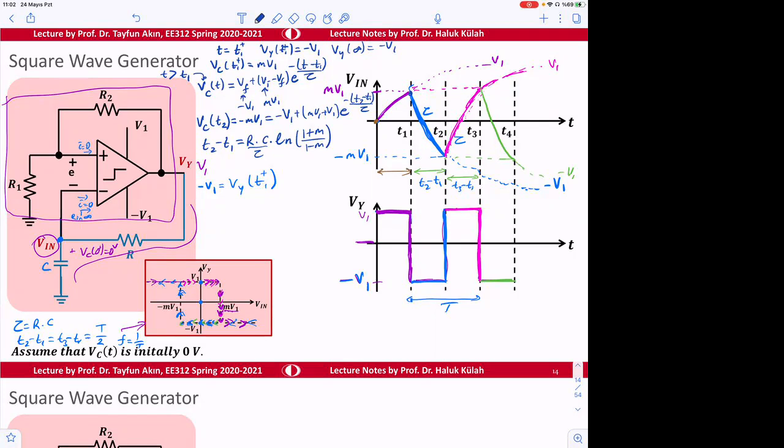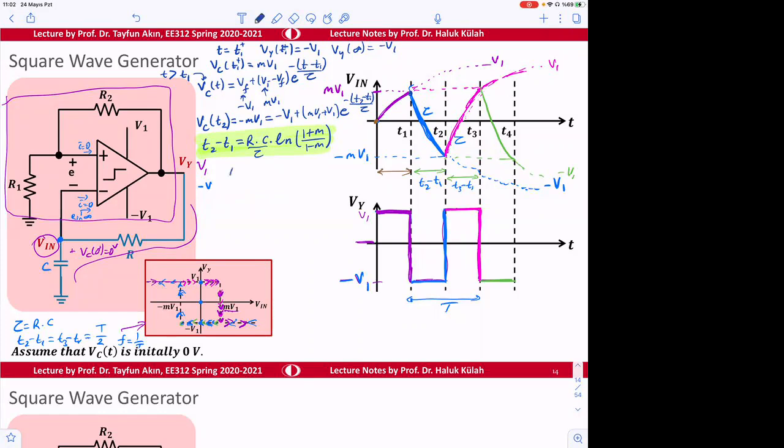So therefore, we can obtain this result. Let me erase this one, because this is already explained.